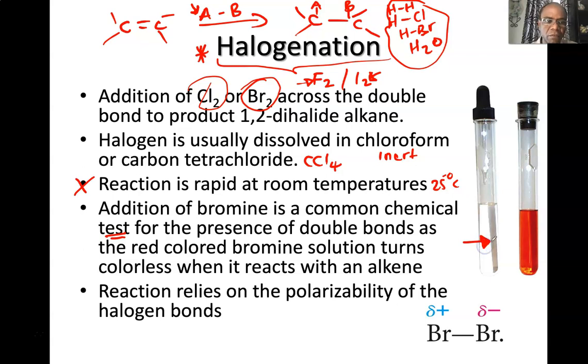So if you're given an unknown liquid and it happens to be a double bond, and you take liquid bromine dissolved in one of these solvents, you see that this guy is brown. So if you take 2 drops using a dropper and drop them here, as soon as the brown liquid drops into the alkene mixture, the brown drops are decolorized.